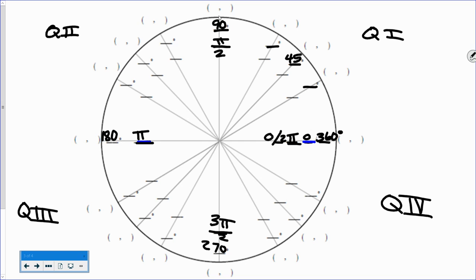If you want to convert that, if you're familiar with that from doing your homework yesterday, you can. Let's go ahead and convert it right now, and then I'll show you a little pattern. So I'll have 45 over 180. If I divide each by 45, 45 goes into 180 4 times. So this is pi over 4.